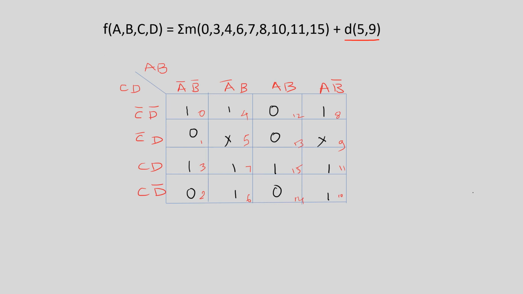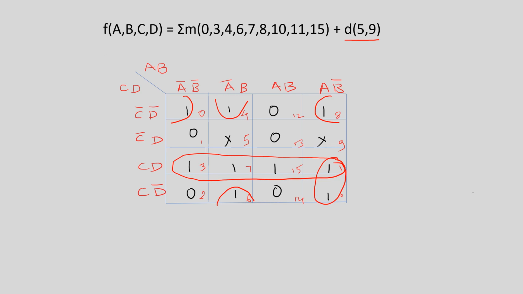When we solve the K map, first we will solve it without don't care condition and see the answer. Here in the K map I am getting one quad, then one pair by rolling this, one pair by rolling this, and a pair here.